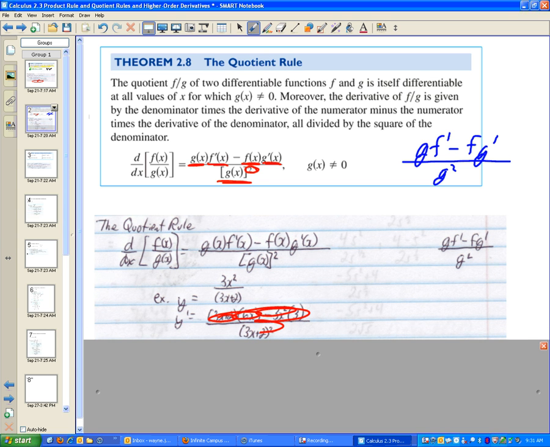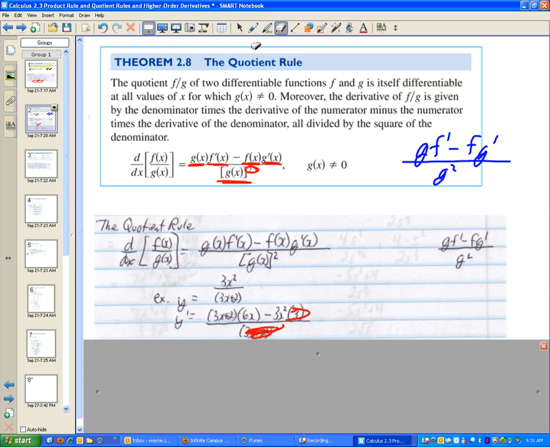equals the bottom, 3x plus 2, times the derivative of the top. What's the derivative of 3x squared? 6x, using the combination rule, minus the top, 3x squared, times the derivative of the bottom.